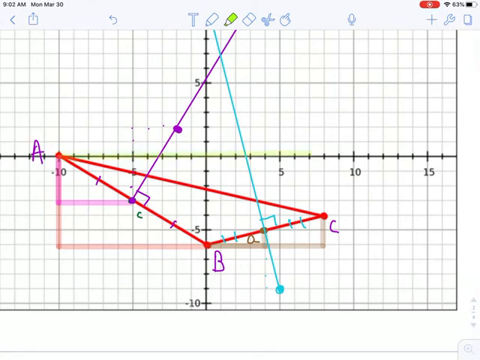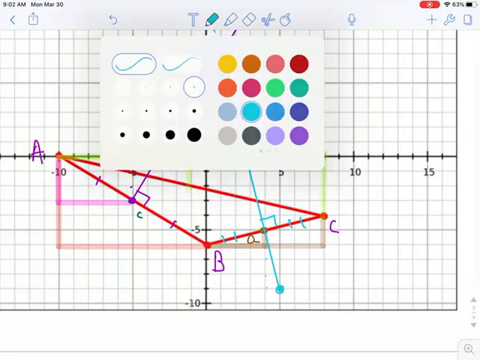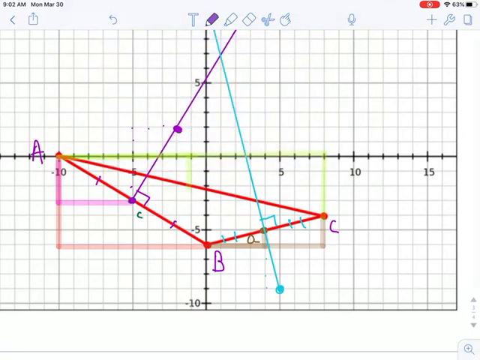So we're going all the way over 18 and down 4. So I'm just going to cut that in half and do 9, 2. I'll call that lowercase b, which is -1, -2.